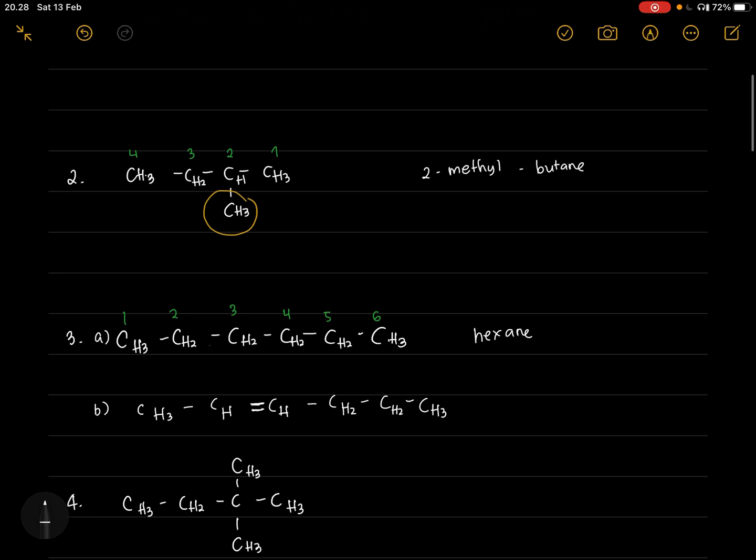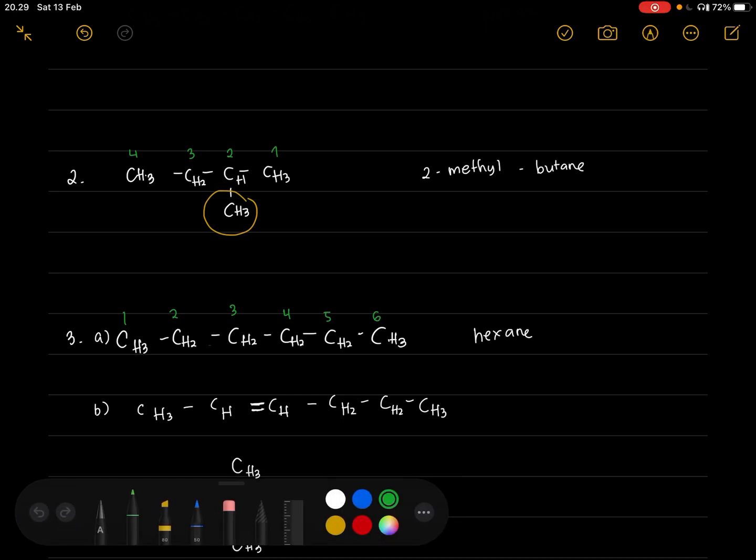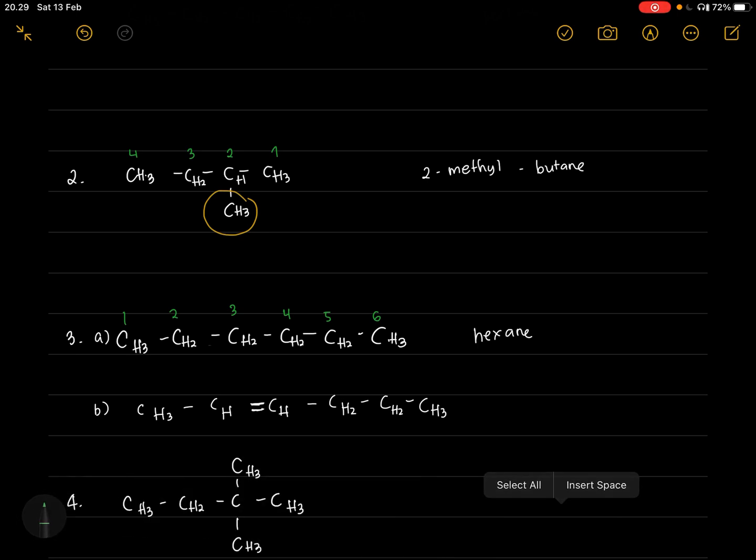And then if you are checking over here, the numbering will be starting from the C terminal that is closer to the functional group. So if you check that the double bond is closer to the C, that a position on the left, that's why the numbering would start from left to right, 1, 2, 3, 4, 5, and 6.